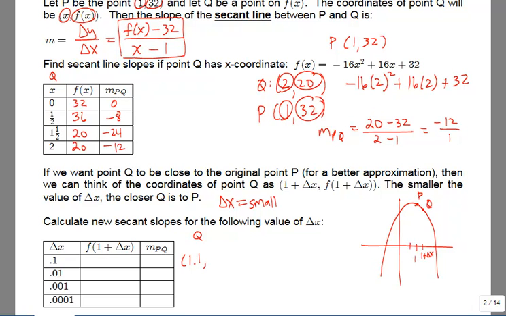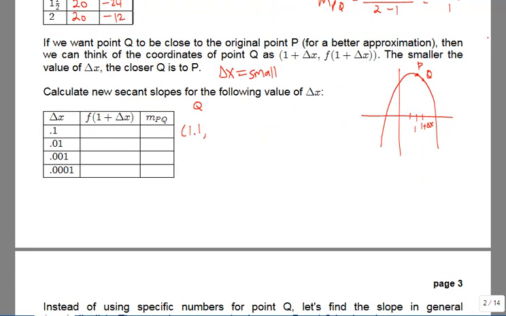But before I show you that on the calculator, I just want to show you what these actual values over here represent, these delta x's. So if delta x is 0.1, that's letting Q have an x value of 1.1. If I let delta x be 0.01, then we're letting the x value of Q be 1.01.